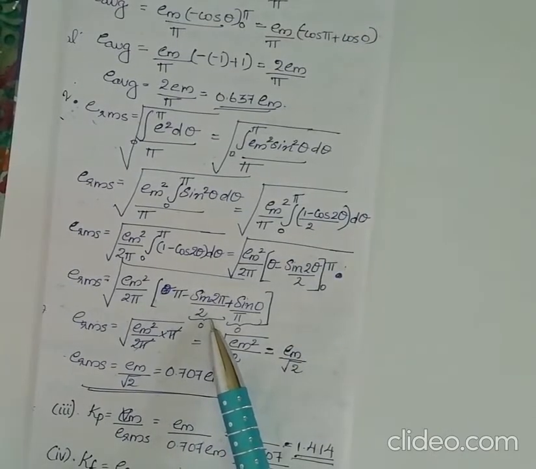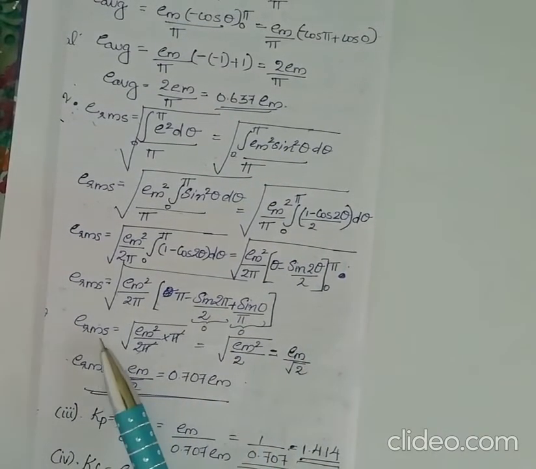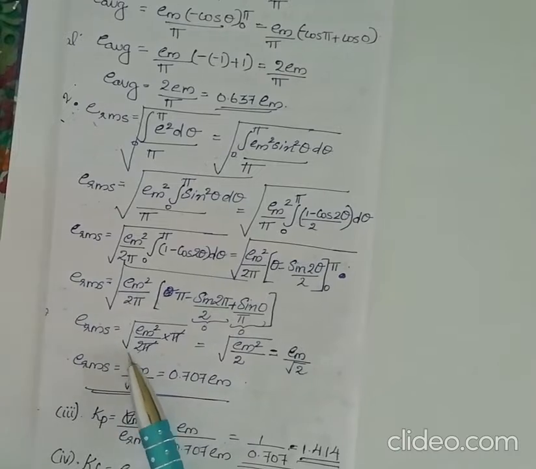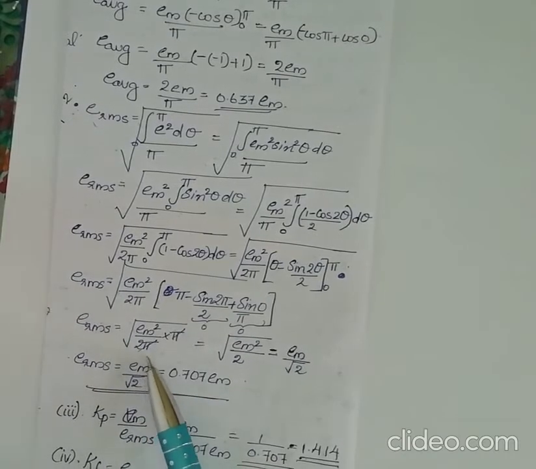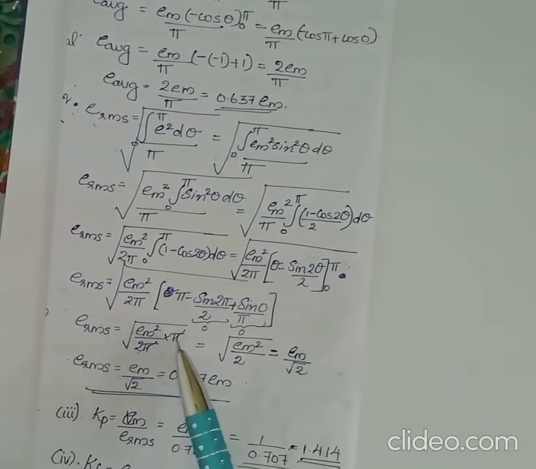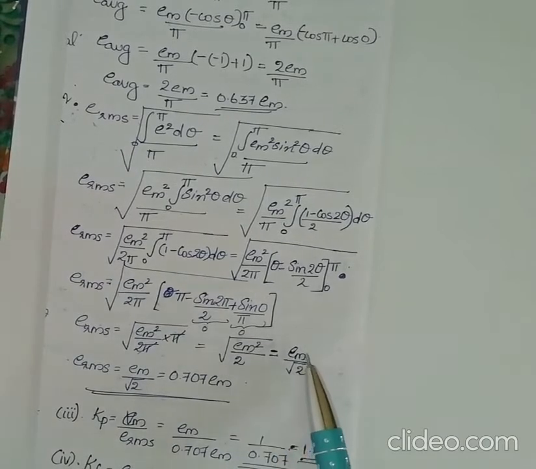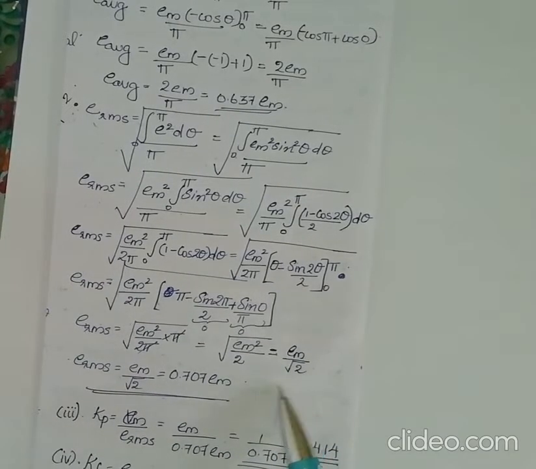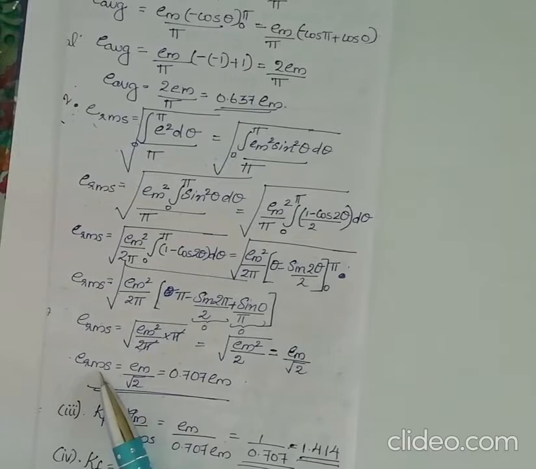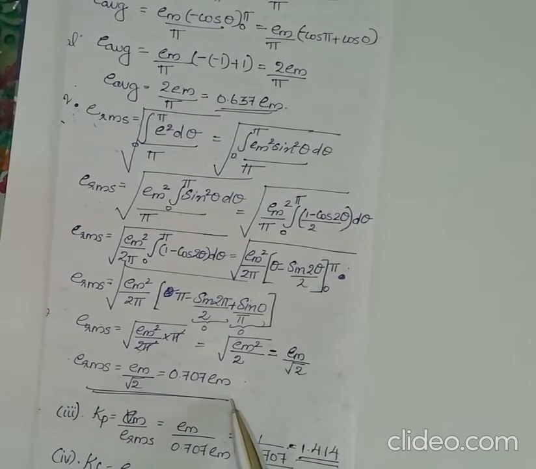For both the sine terms it becomes 0, and E RMS is calculated as square root of Em square divided by 2 pi into pi. So pi and pi get cancelled, it becomes Em square divided by 2, which is equal to Em by root 2. That is, E RMS value is 0.707 Em.